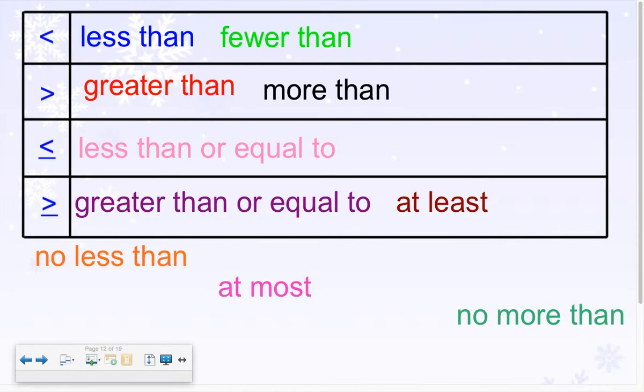If I need at most $4 to buy a pop, that means I would need $4 or less to purchase that. So at most is less than or equal to.